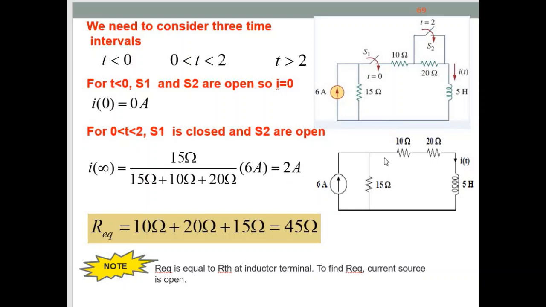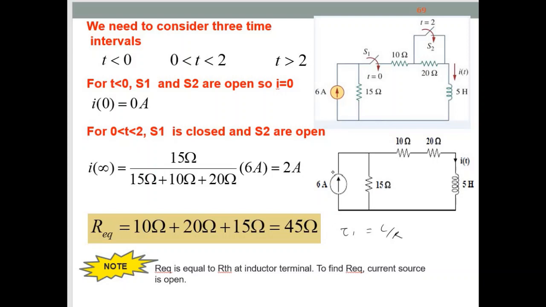Okay, for this circuit, this is the R equivalent, or the tau here. We start to count the tau here as tau 1, because this is 0 less than t, t less than 2, tau 1. These are equivalent for tau 1, because tau is L over R. So L is still the same, 5 Henry, but R equivalent here is 15 plus 20 plus 10.